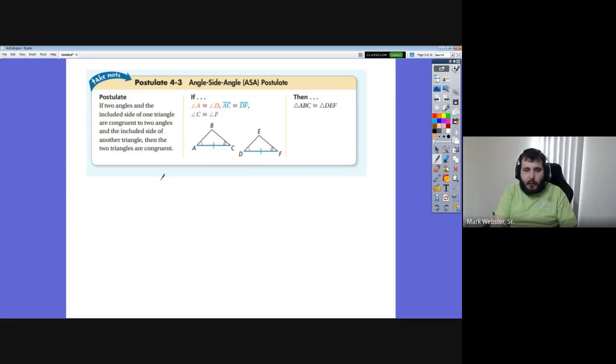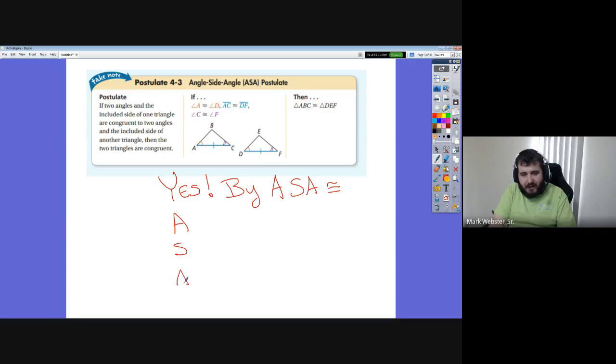So once again, are these congruent? Yes. How do we know? By angle, side, angle congruence. So let's label everything out. Angle, side, angle.